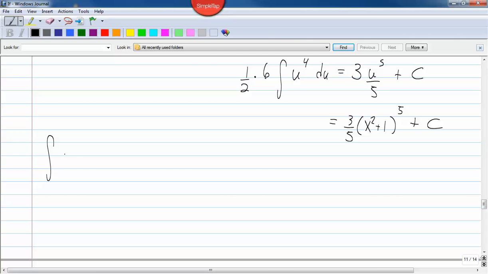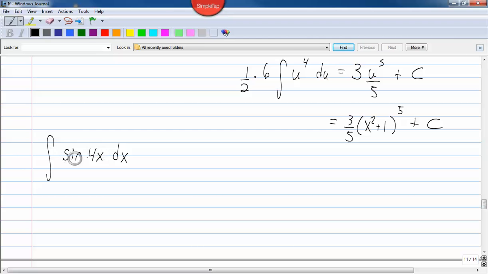Alright. Let's say I had the integral of the sine of 4x dx. So this looks very similar to what we were doing before, but remember before we only had x, we didn't have 4x.